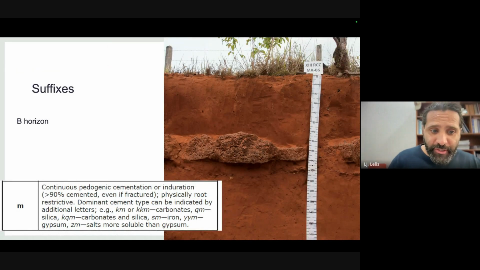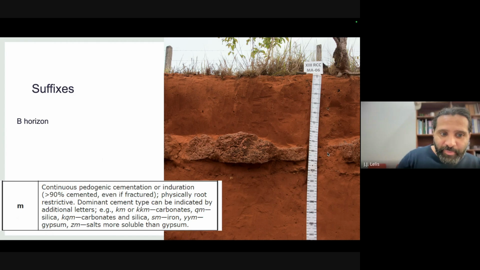We also can register some cementation, not only by calcium carbonate, but by iron. In this case, I can use the letter M. We already saw that we can see some concretions and nodules of iron, and we use the letter C. Why are we talking about cementation again? Yes, because as you can see here, the letter M expresses a huge cementation of the material and creates a continuous or almost continuous layer, okay?